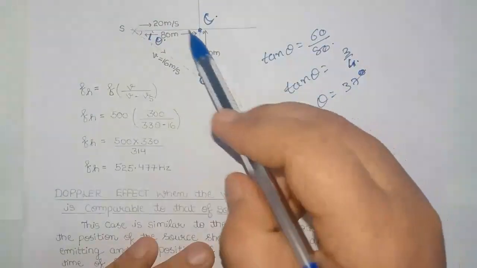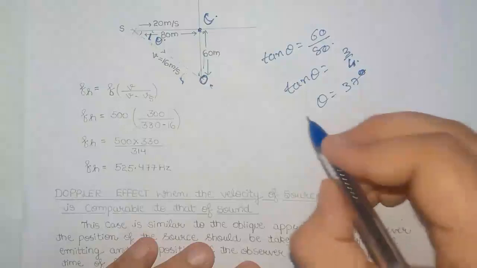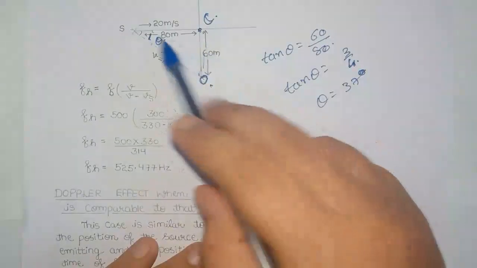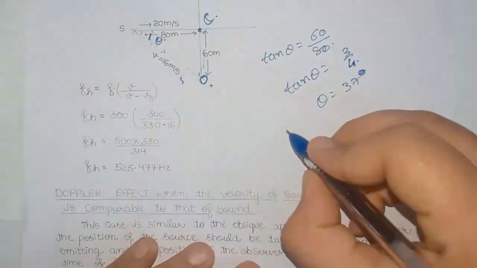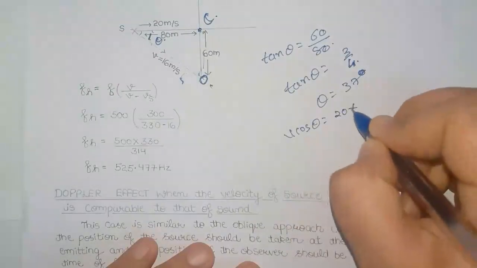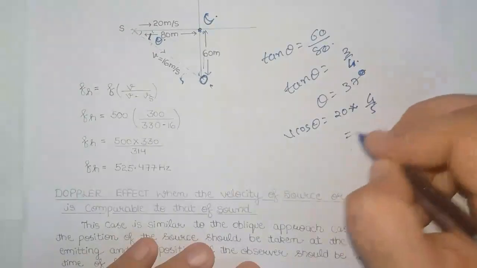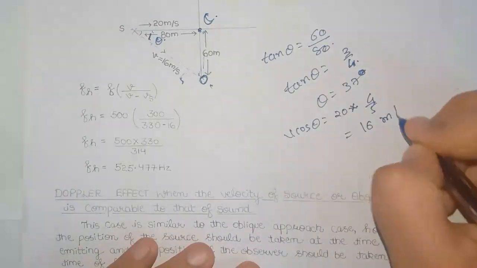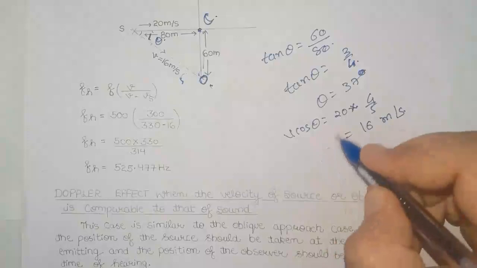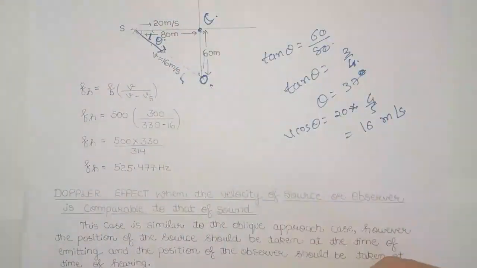If this is 3, this is 4, then this will be the 5. So the component along this will be V cos theta, that is 20 into cos theta, which is 4 by 5. So velocity will be 16 meter per second. So along this direction, the velocity will be 16 meter per second.